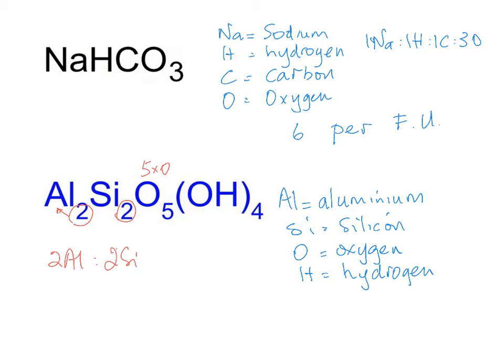So like all math problems, the outside tells me how many of those I've got inside. Plus I've got another 4 times O, so I've got 9 O's. And then if I look at H's, I've got 4 H's. Alright, so that simply tells me I've got 2, 4 plus 9 is 13, plus 4 is 17, so I've got 17 per formula unit.